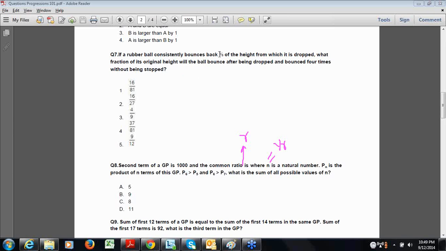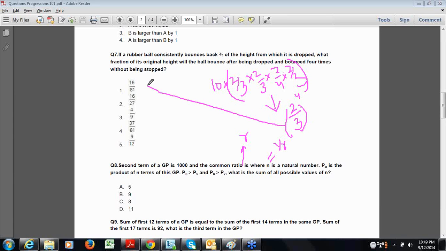So that means you have to find out, say it was 10, so next time it became 10 into 2 by 3, and next time it will become into 2 by 3 again. So similarly it will go on. So 4 times it will be nothing but 2 by 3 to the power 4.